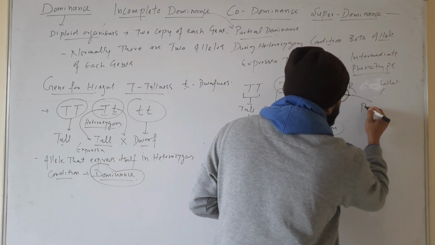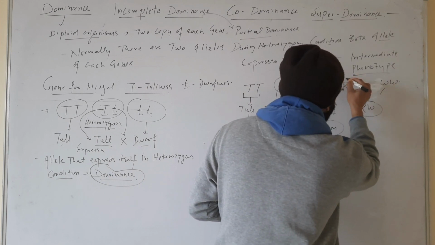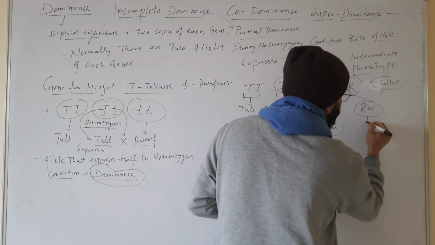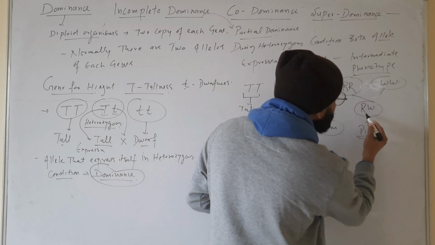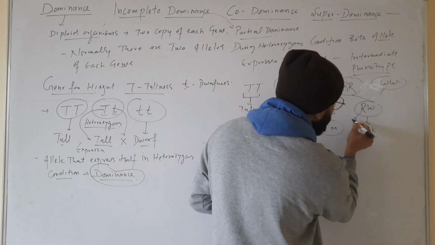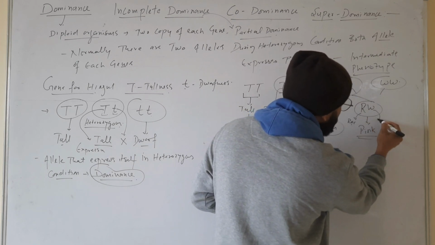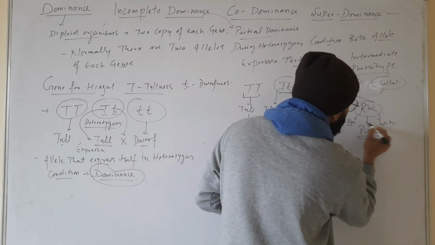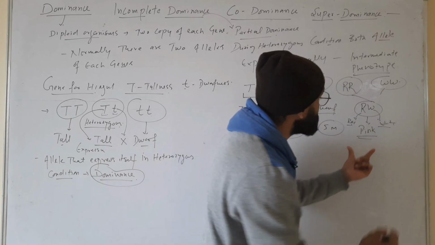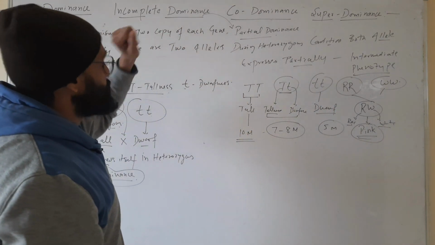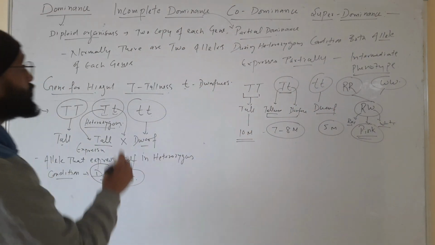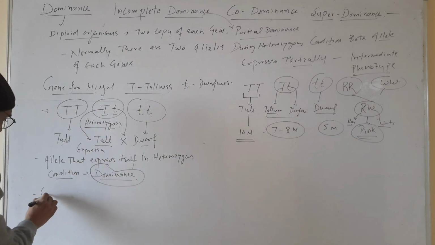When we get a heterozygous for red and white, one causes red color, the other causes white color, and both colors mix and produce pink. So pink is intermediate of both, because both are expressing themselves. So this is incomplete dominance.